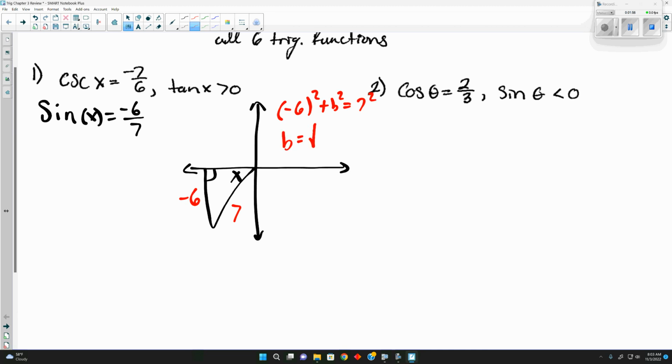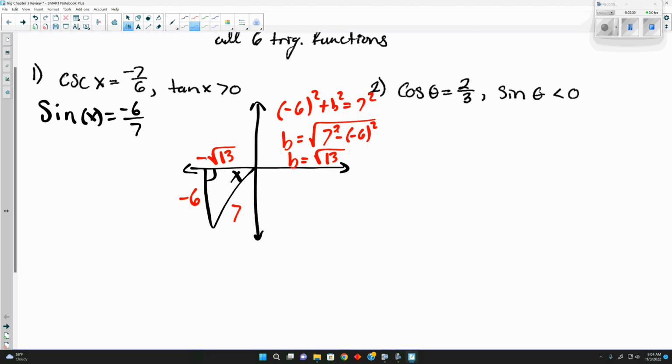So b is equal to the square root of 7 squared minus negative 6 squared, which is the square root of 13, because it'd be 49 minus 36, which is 13. So our other side is the square root of 13, and it will be negative because we're on the negative x-axis.